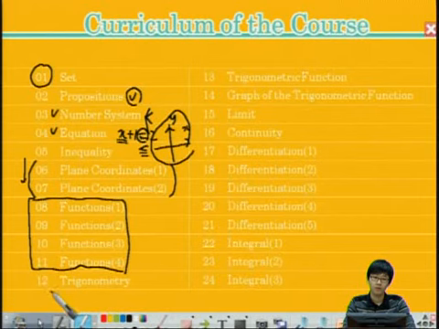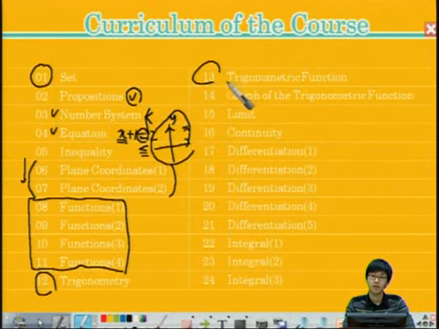And this 12 and 13 will be trigonometric function and trigonometry. These two are for engineer students. I think engineering students will need this.